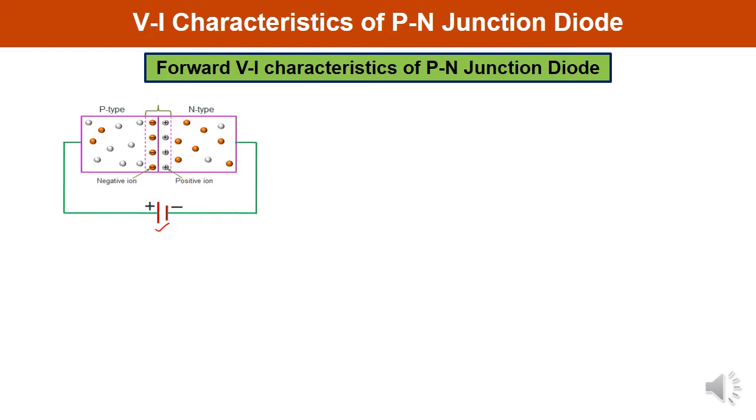So what would be the conventional flow of current? Conventional flow of current will be from left to right, from anode to cathode. This would be the direction of conventional flow of current, IF. This is anode, this is cathode.